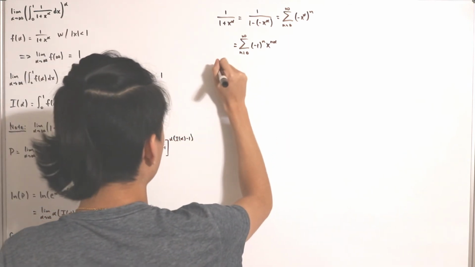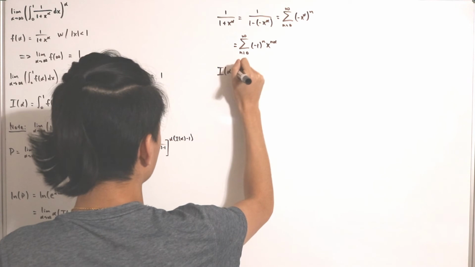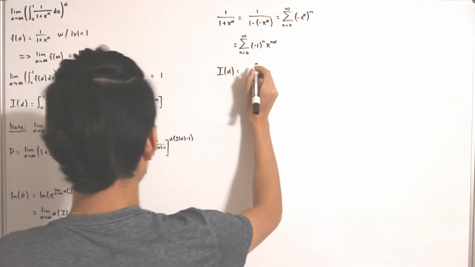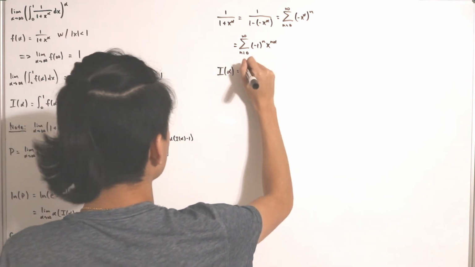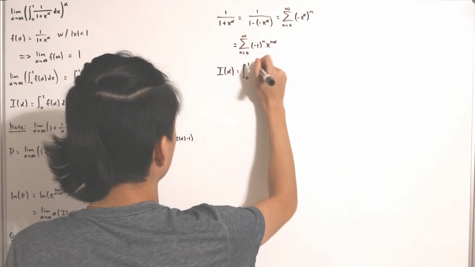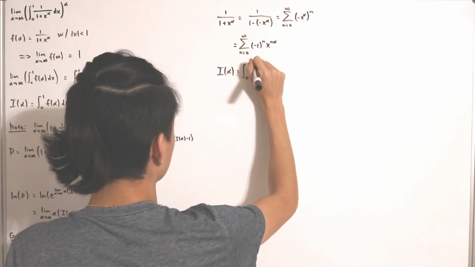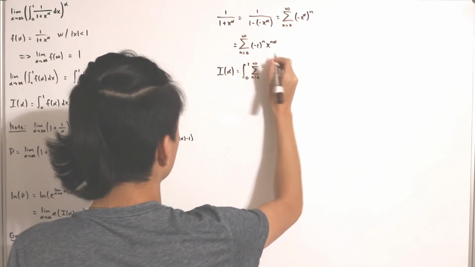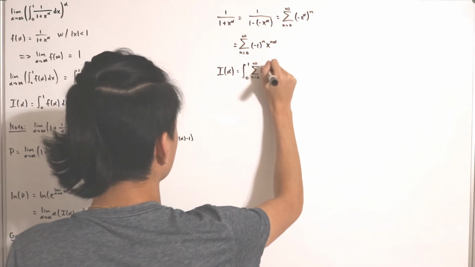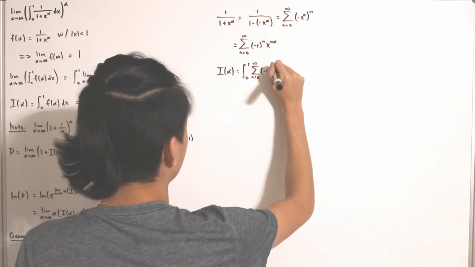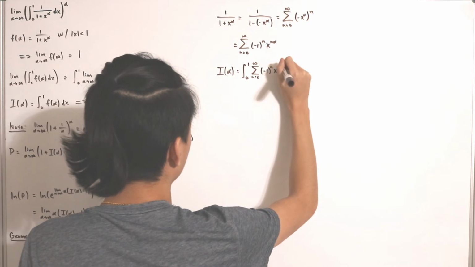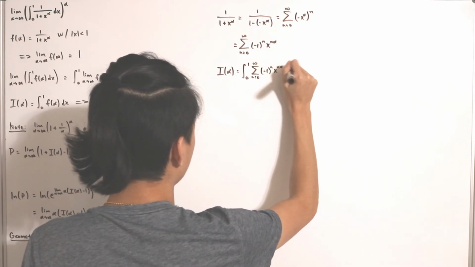So now we have I of alpha is equal to the integral from 0 to 1 of our series, the sum from n equals 0 of -1 to the n multiplied by x to the power n times alpha, dx.